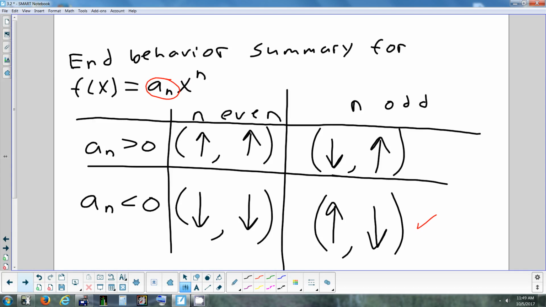If it's an even exponent and a negative number in front, that would be down, down. Again, it might do something like this in the middle, but with end behavior, we don't care about any of the stuff in the middle. All we care about is looking at the ends.